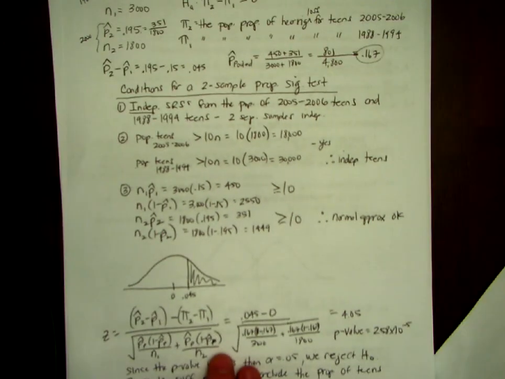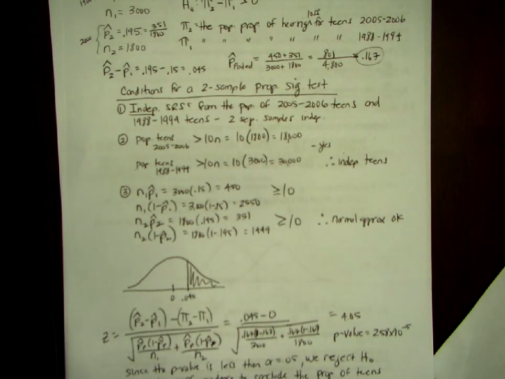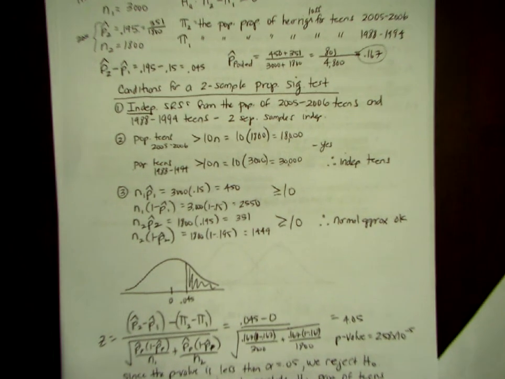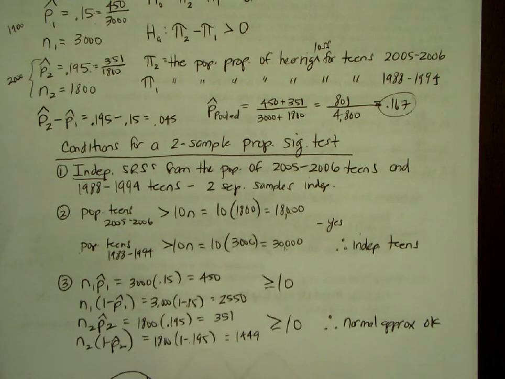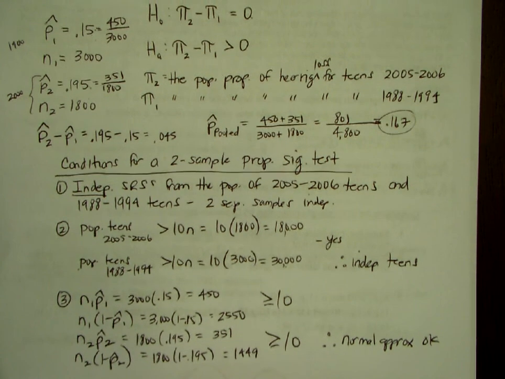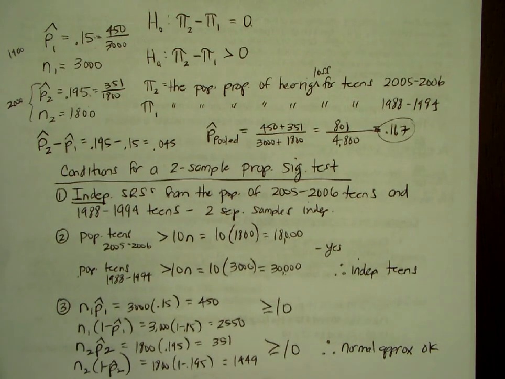So let's just zoom out and look at the beauty of this problem. Look how smart we look. This is as bad as it's going to get. You have that new p hat pooled showing up. Let me just point out that all you're doing to calculate the p hat pooled is bringing the two samples together. You don't do this in a confidence interval.